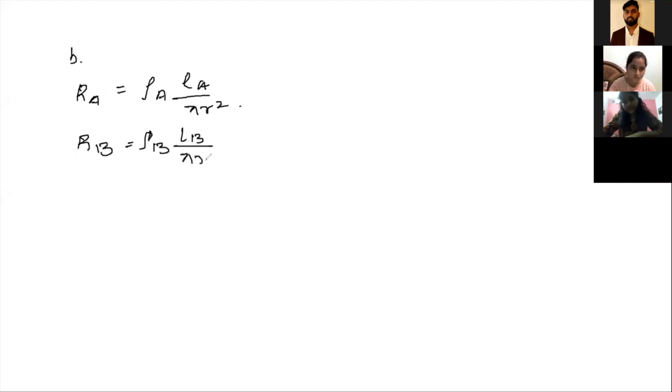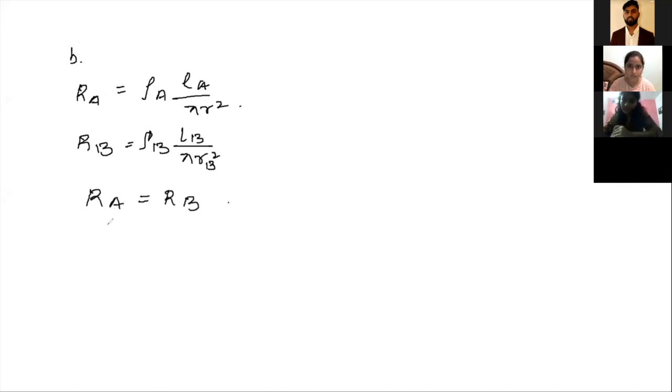Okay. So for your question, I'm solving the B part because that is the answer. So R_A is rho_A L_A by pi r square, correct? And R_B will be rho_B L_B by pi R_B square. Now R_A is equal to R_B.